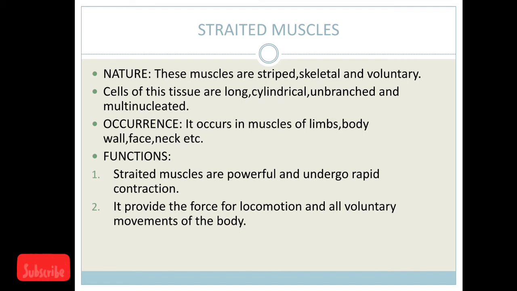In these places the striated muscles are found, and the main function is that it provides the force for locomotion, helps in all voluntary movement of our body, and undergoes very powerful and rapid contraction. So these are the different functions of the striated muscles.